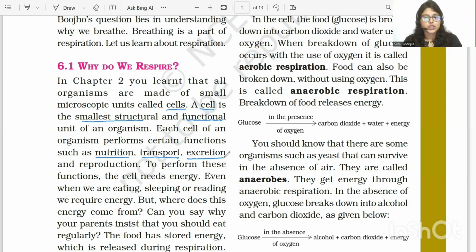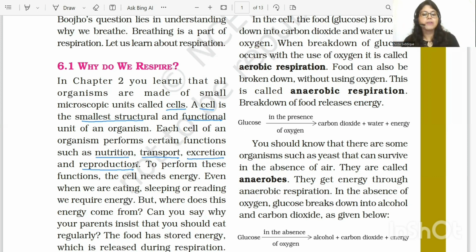Next is excretion. Now, all the nitrogenous waste, जितने भी हमारे body में waste generate हुए हैं, उसे हमें अपने body से निकालना पड़ेगा. So that is excretion. And finally, reproduction. In reproduction, an organism will give birth to a new organism of the same kind. Same kind matlab cat will give birth to a cat, dog will give birth to a dog. Okay.